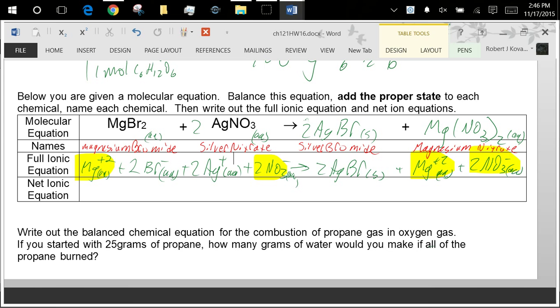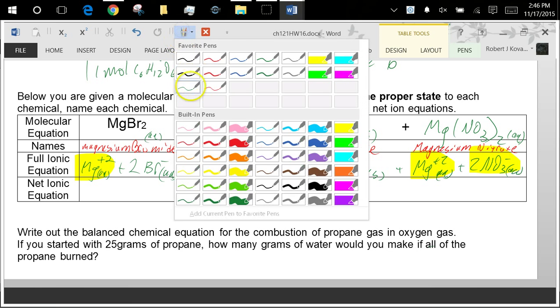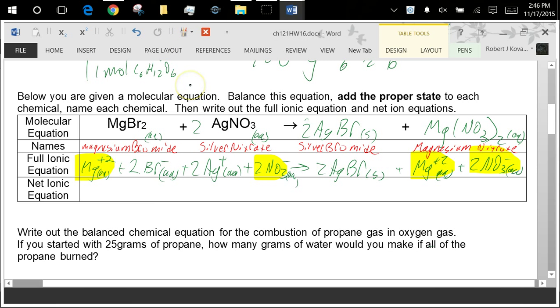So what's my net ionic equation? 2 Br minus. You could put them, but what's going to happen if I put all the 2's there?